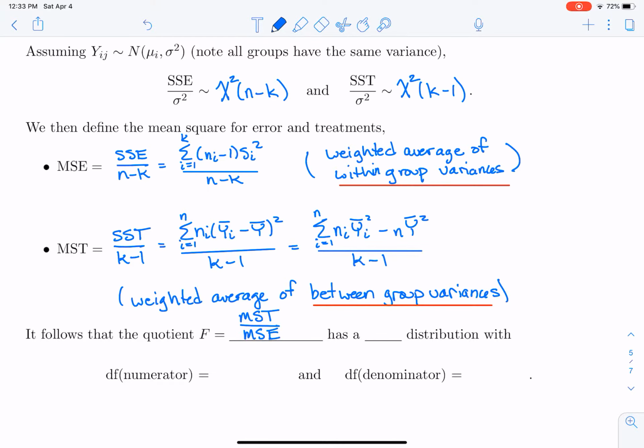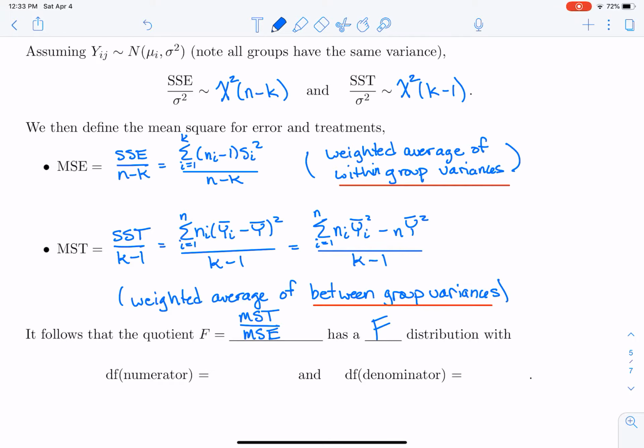And the reason is the sum of squares treatments has a chi-square distribution. The sum of square errors has a chi-square distribution. And so if we take those two chi-square distributions and form a quotient where we're dividing by degrees of freedom, that has an F distribution.